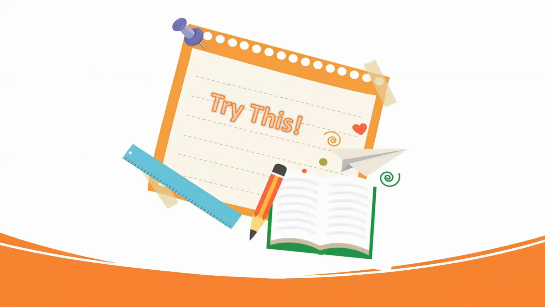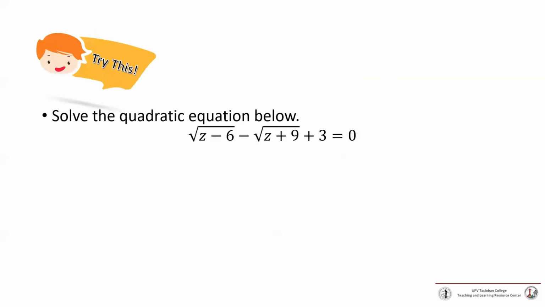So I think you are now ready to try to answer the exercise that we have. Solve the quadratic equation below. And this is an example of a radical equation. You follow the steps in order to solve this type of equation. I mean, there is a correction.